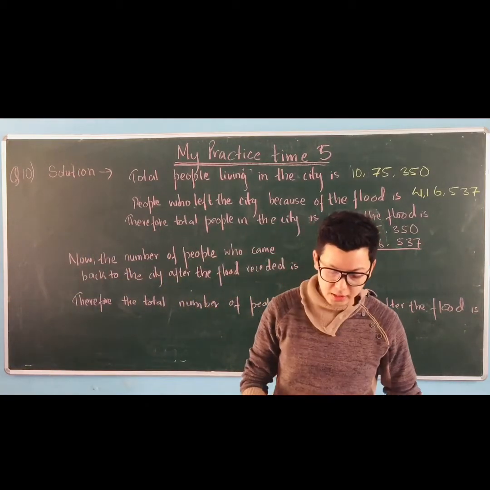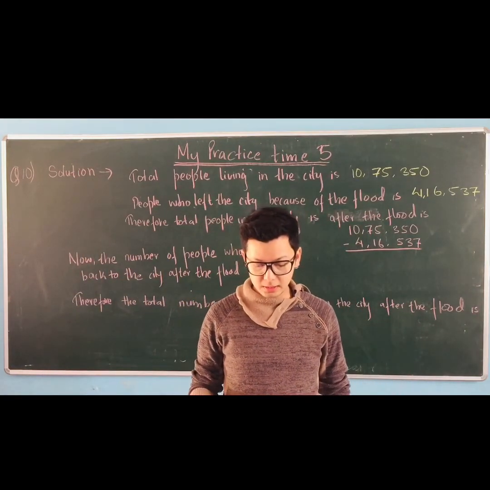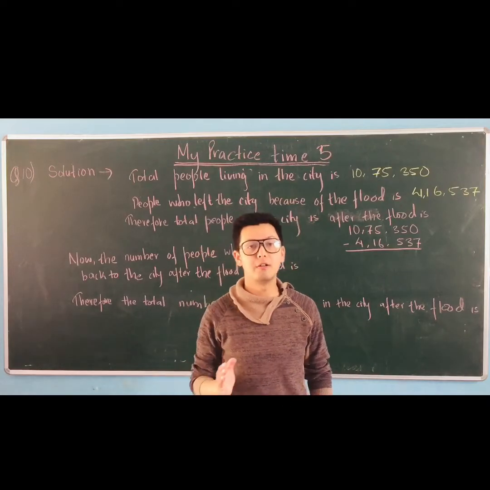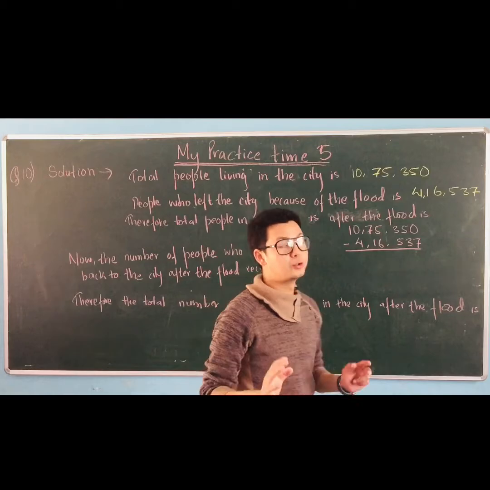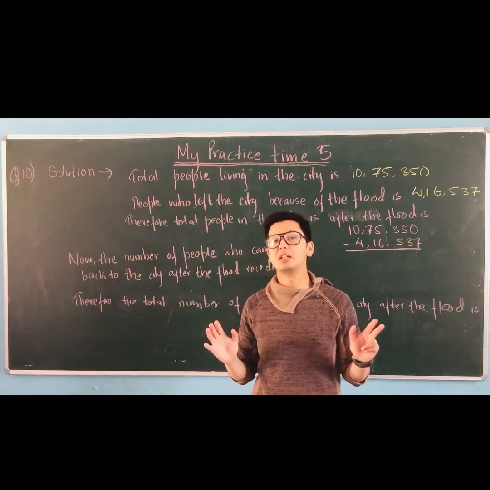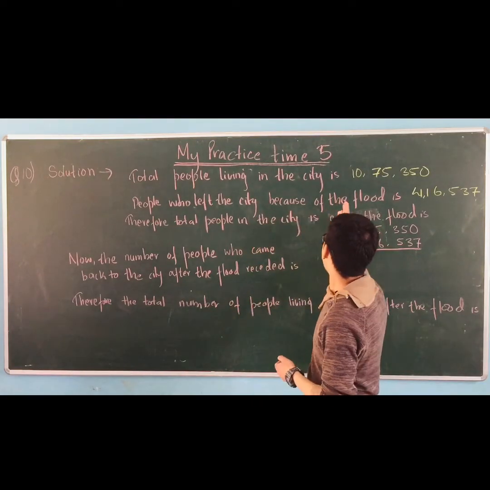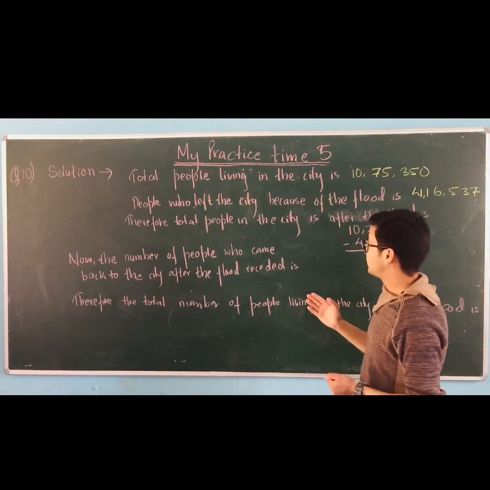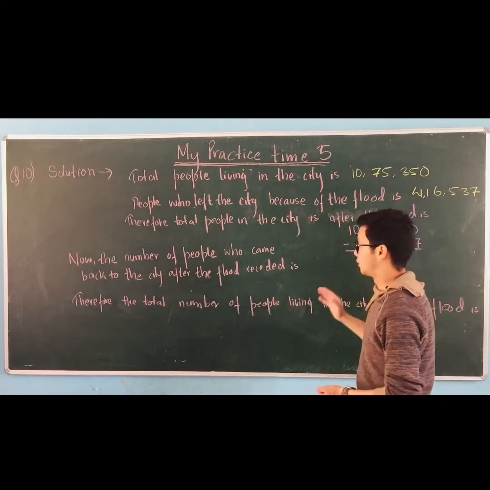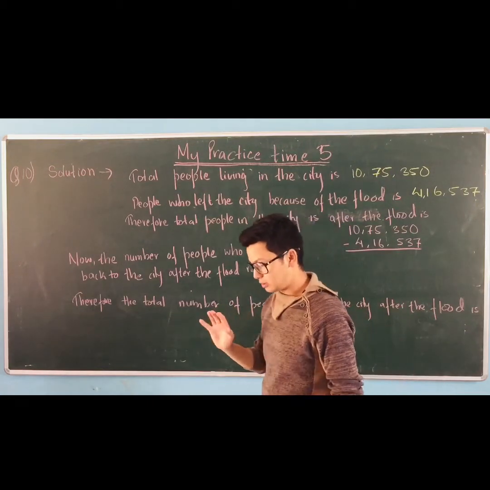So what the question is saying is, there were 10,75,350 people living in the city. Okay, the total number of people living in the city was 10,75,370. Now, people left the city because of a flood.